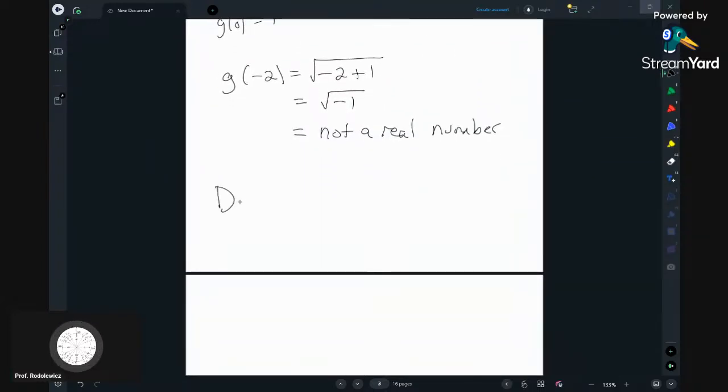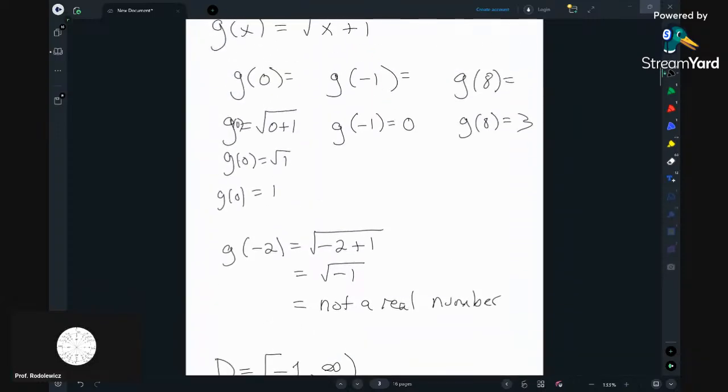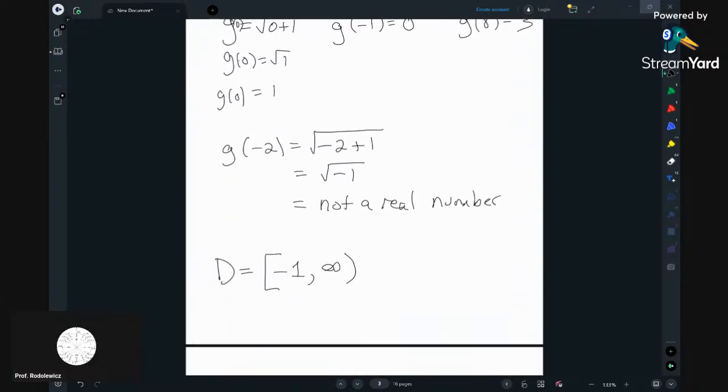The domain here would be all numbers -1 to infinity. That's it. So nothing less than -1. Everything greater than -1.